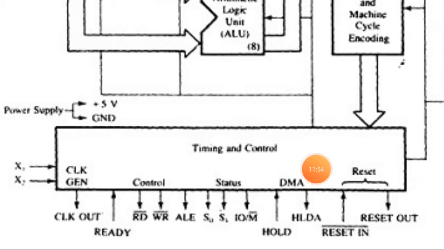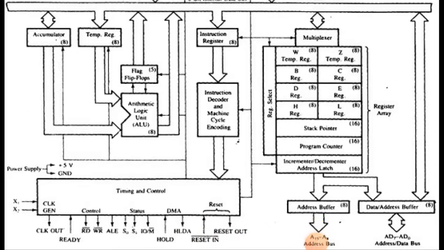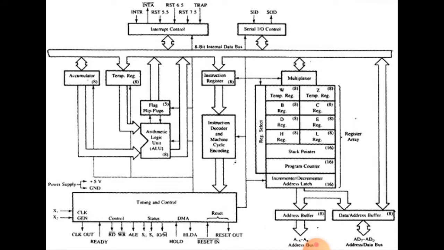Then you have the interrupt control. What does it do? It controls the interrupts during the process. Whenever the microprocessor is executing a particular program, the main program, and an interrupt occurs, it shifts the control of the microprocessor from the main program to the incoming interrupt request.